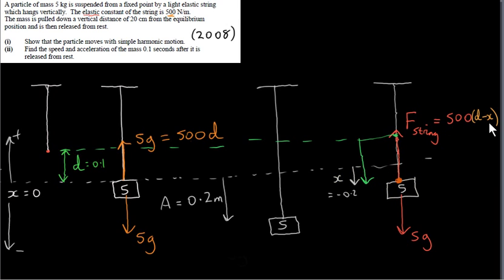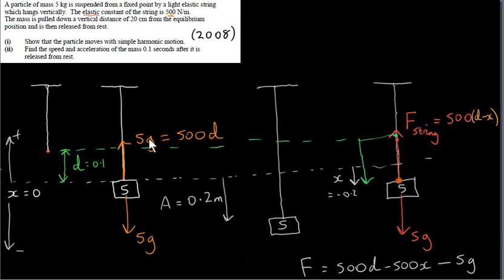We'll say that F string is 500 times d minus x. Then the resultant force is going to be this force here, which is positive, because d minus x will turn out to be positive for this situation. 500 times d minus x, that's 500d minus 500x. So that's F string minus this force here, Fg, because this is in the negative direction.